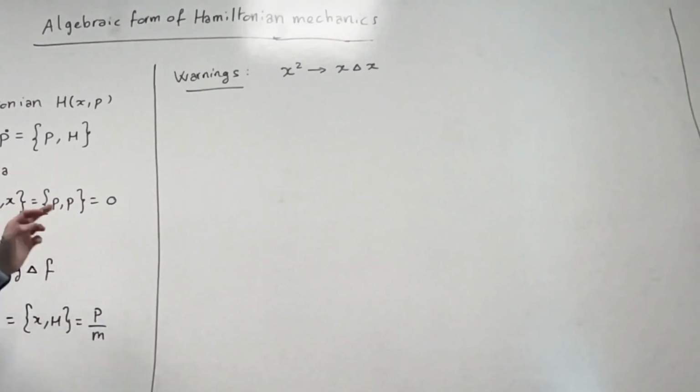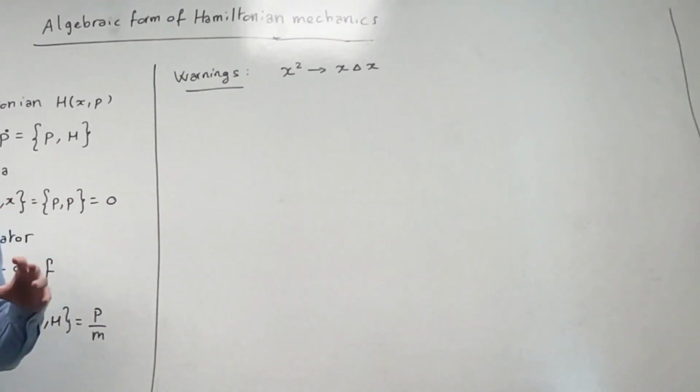But then there is a dimensional problem which I completely skipped in the previous video, and this dimensional problem is well illustrated here. xp is going to be equal to 1. So what that means is that the dimension of my triangle operator needs to be 1 over the dimensions of the product of x and p.